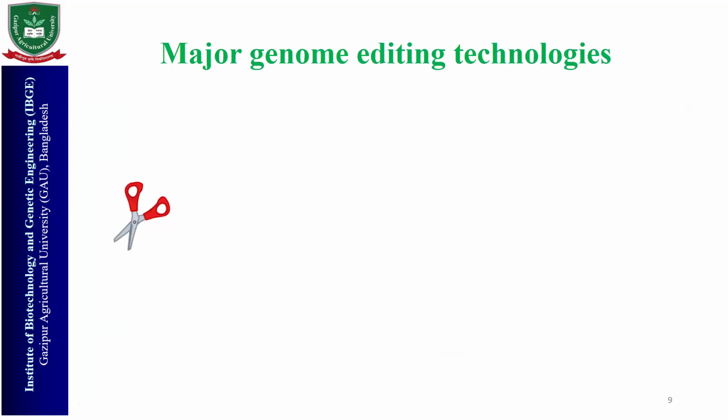So now we are entering into the major genome editing technologies. Not only CRISPR, there are several genome editing technologies being discovered. But the history is not so old. Only 20 years ago, zinc finger nuclease. Nuclease means an enzyme involved in cutting or acting on nucleic acid.